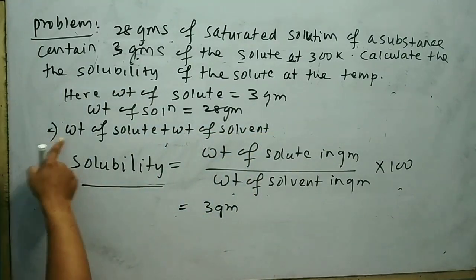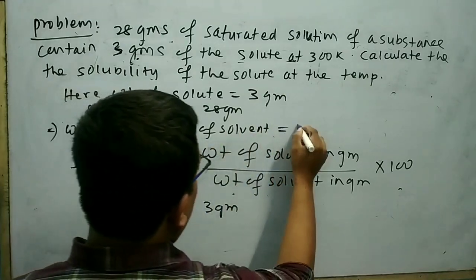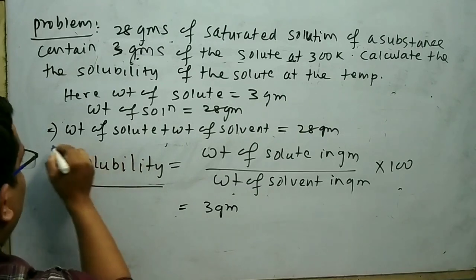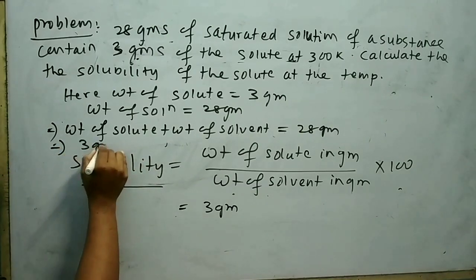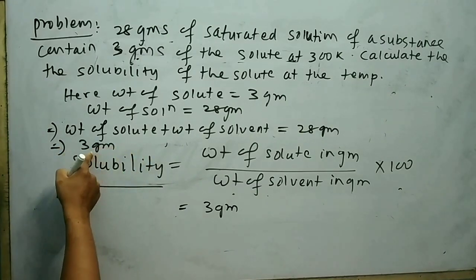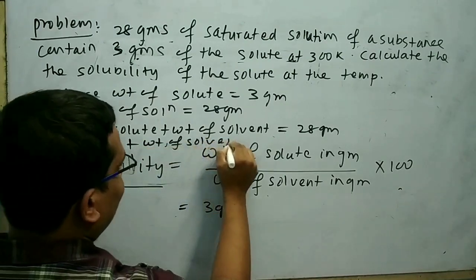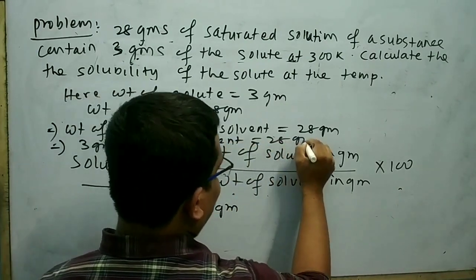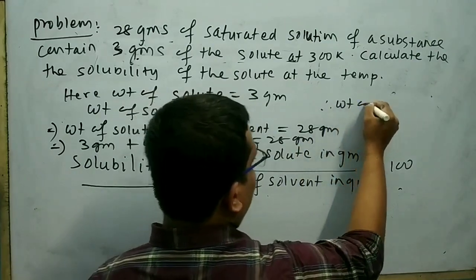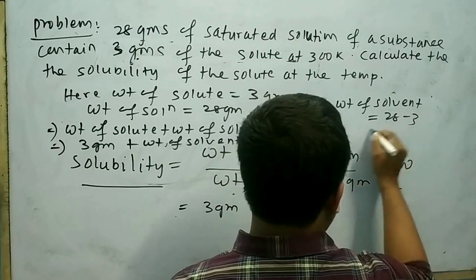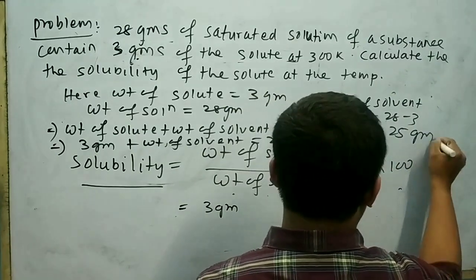So we can write weight of solute plus weight of solvent is equal to 20 gram. We know that weight of solute is 3 gram. So we can write 3 gram plus weight of solvent equal to 20 gram. Therefore, weight of solvent equal to 20 minus 3, that is 25 gram.